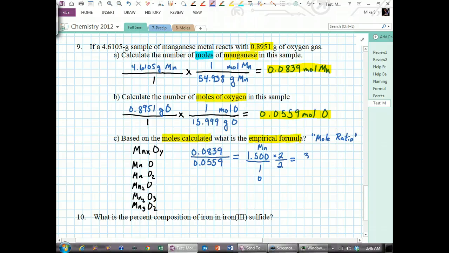And that ends up getting me 3 over 2. What that means is there's 3 manganese for every 2 oxygens. That tells me that the right empirical formula is 3 manganese to every 2 oxygen. So the answer is Mn3O2.